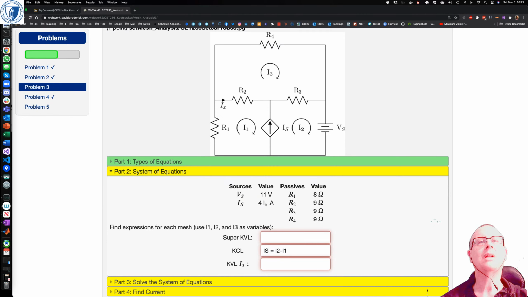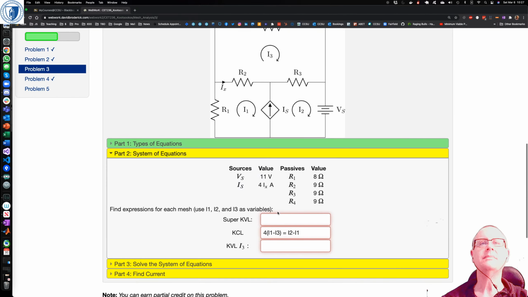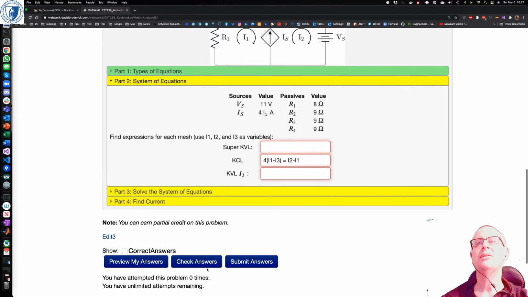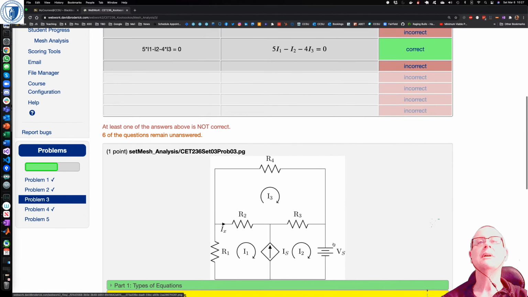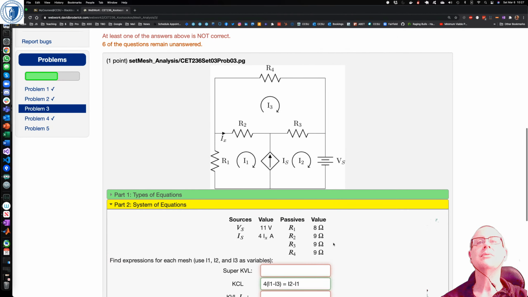IX is the current flowing through R2. So that means IX is equal to I1, which is going in the same direction as IX, minus I3, which is going in the opposite direction. So I think that means we need to have 4 times I1 minus I3. And let's just check our answers there. Yeah, it seems to think that one's correct, although it's reorganized it for me. That's all right.